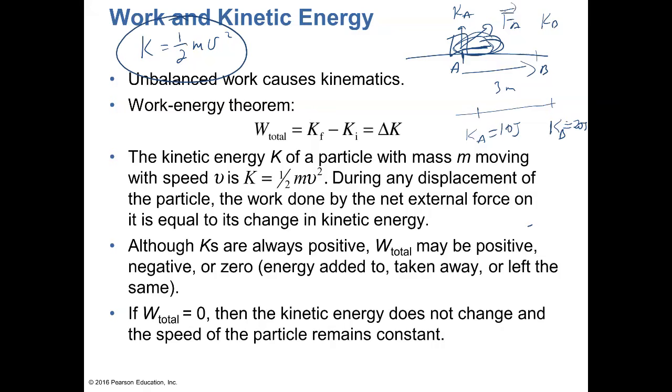That means when I look at the object at point A and at point B, by just looking at its kinetic energy at point A and B, I can see that it has more kinetic energy at point B. That means going from A to B, it is speeding up, right? It's moving faster. Now the question is why? Well, because it's being pushed. But one thing I want to look at here is from the energy point of view.